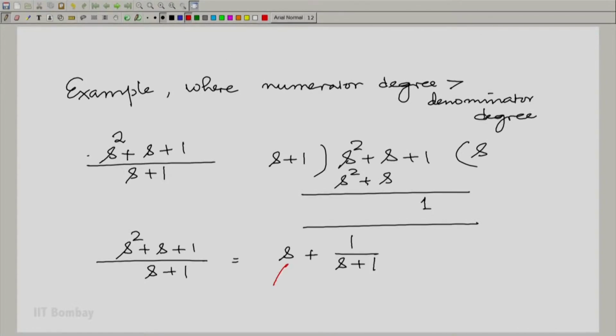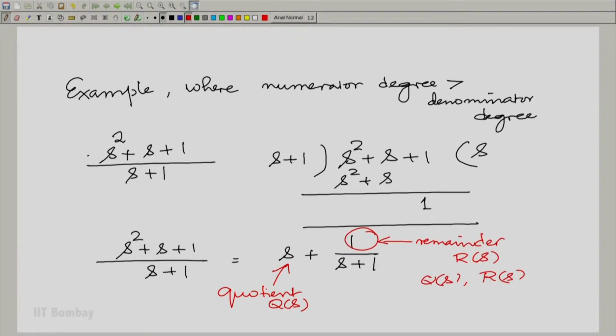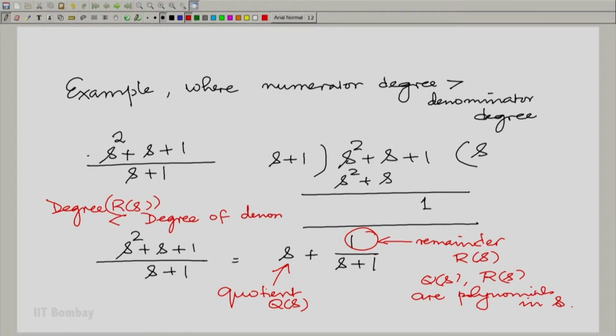We have what is called a quotient, a polynomial in S, and a remainder. Both Q(s) and R(s) are polynomials in S. And now, the degree of R(s) is strictly less than the degree of the denominator. That is what we wanted. So, this long division comes to the rescue.